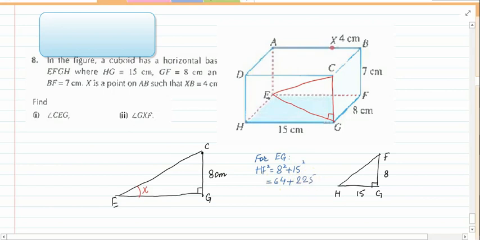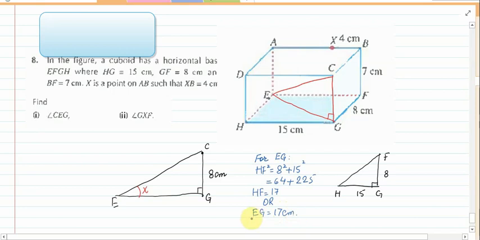If you add both of these values, 64 plus 225, it's 289, and root of 289 is 17. So the value of HF is 17, or you can say the value of EG is 17 centimeter. So that is the value of EG.